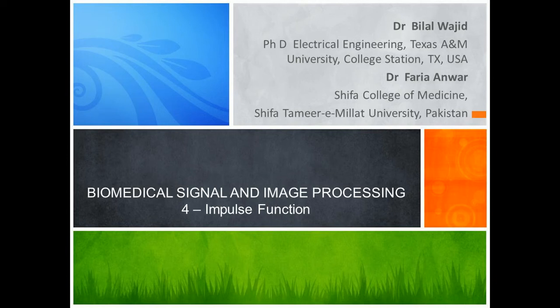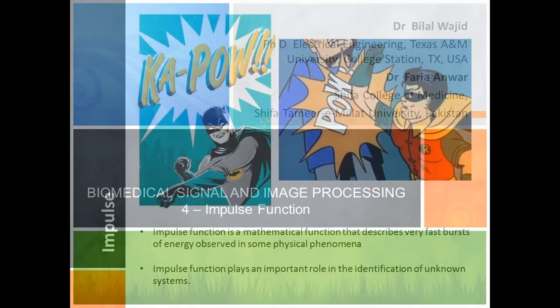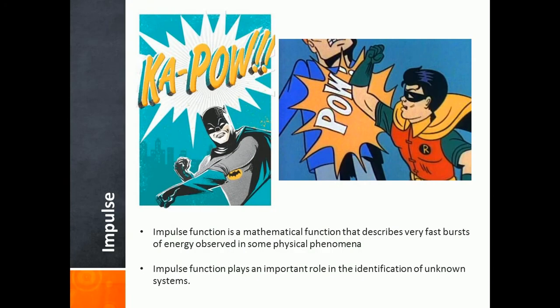Now this lecture looks at the impulse function. The impulse function is extremely important and merited its own lecture. An impulse function is, simply put, a massive burst of energy in a limited amount of time.